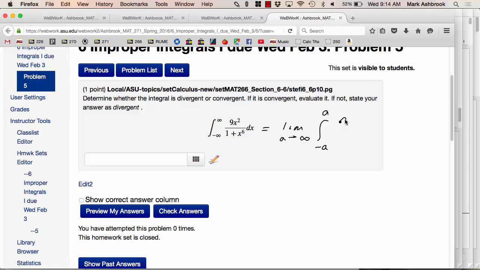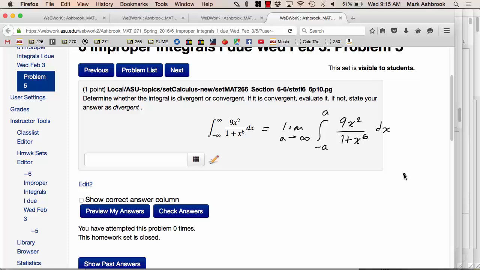Now, our next issue is this antiderivative. Again, we have to figure out what technique we're going to use to do this. What would we need in the numerator for this to be undoing the chain rule? In the numerator we'd need 9x to the 5th, and then it would be natural log of 1 plus x to the 6th.